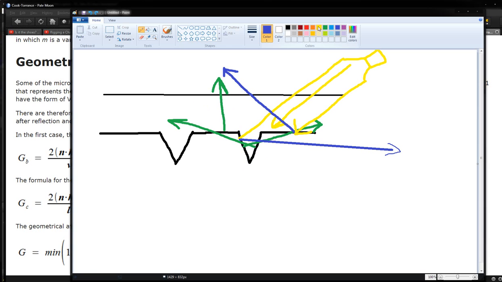If my eye was over here, I will see some light because my eye is going to hit right here, and I'm going to be able to see the light.